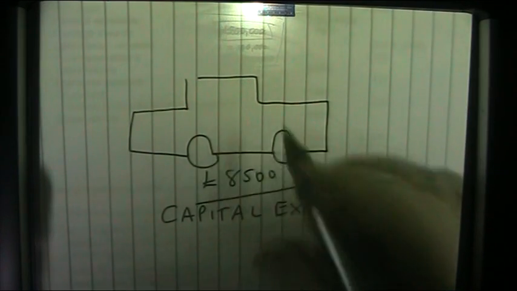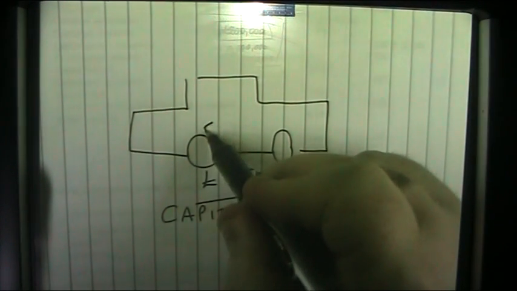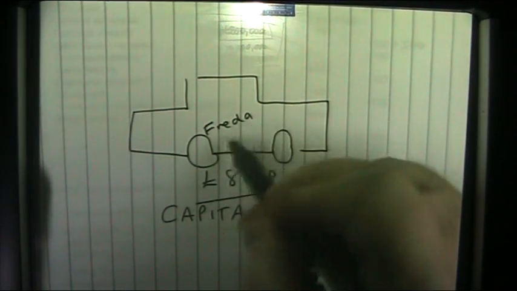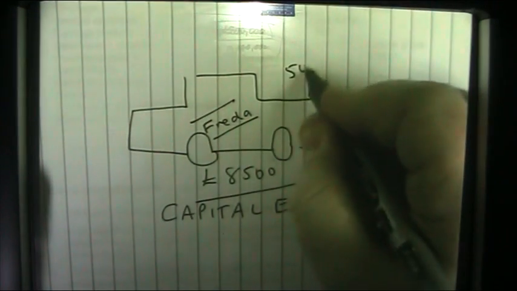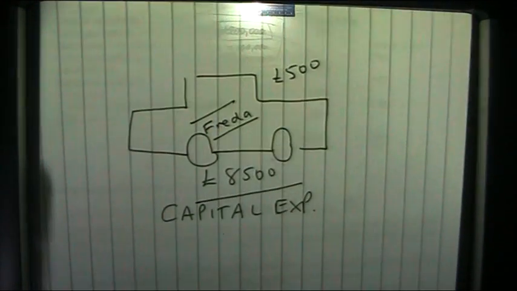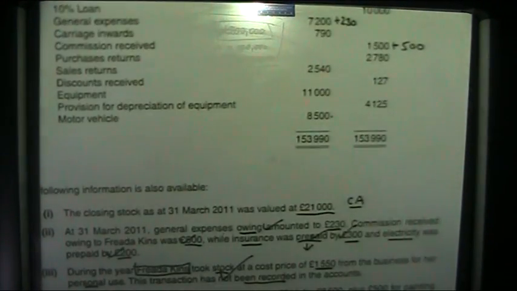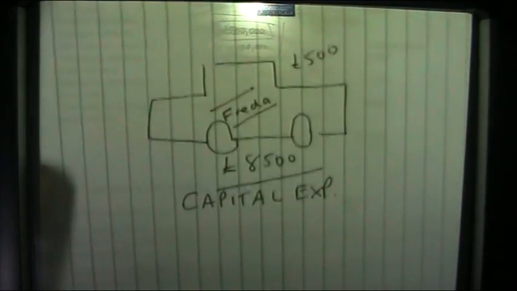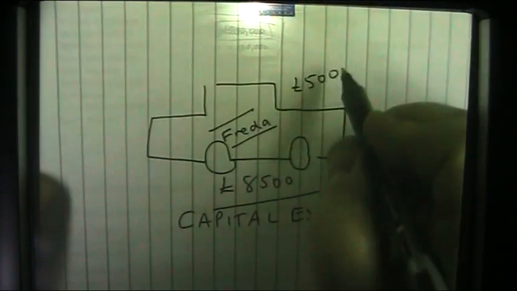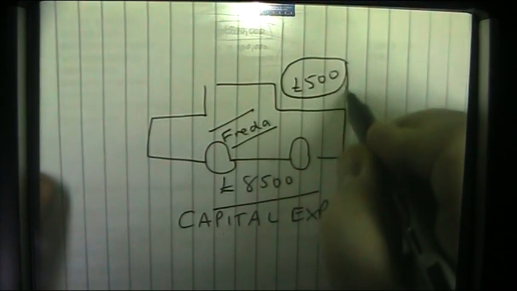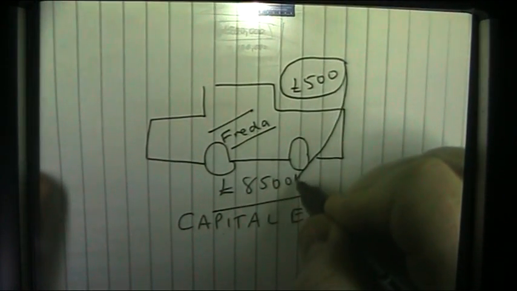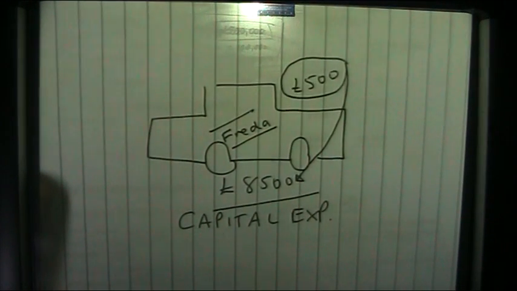But what about this $500 that Freda did? She got her name printed and embossed on the side of the car for a business like that. It cost us $500, and she's put it into, I think, general expenses, wasn't it? Yeah, no, it's been charged to motor vehicle expenses. This $500 should be included in the cost of this asset, because it is a capital expenditure.